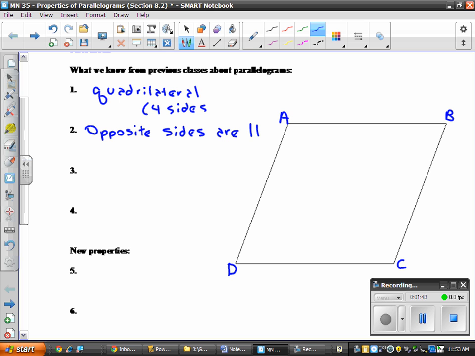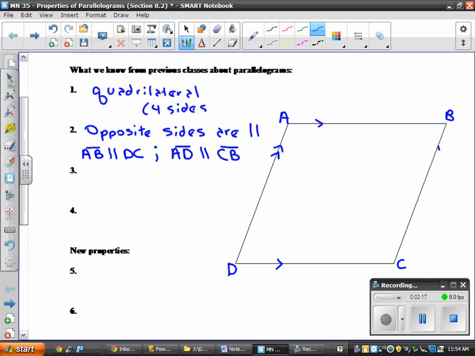So we can see that AB is parallel to DC, and AD is parallel to CB. And we can use the proper notation where you have your little arrows showing that those two are parallel.